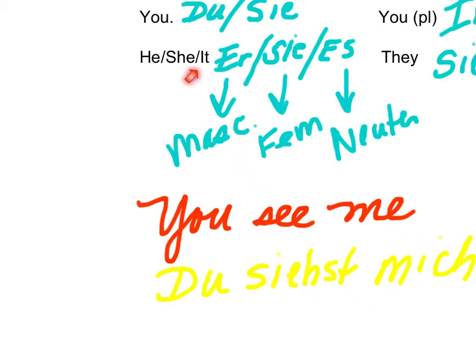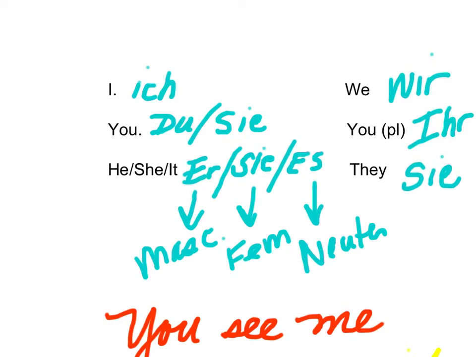Mich, which is me as a direct object, or I as a direct object. So I'm going to give you the list of all of these, how they change depending on whether they're a subject or a direct object. So these are all subjects, right? These would be the subject of a sentence.